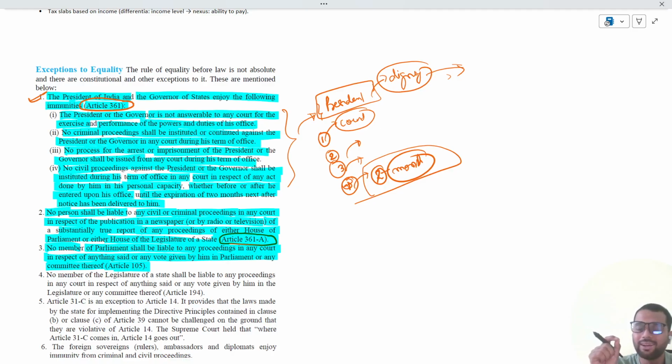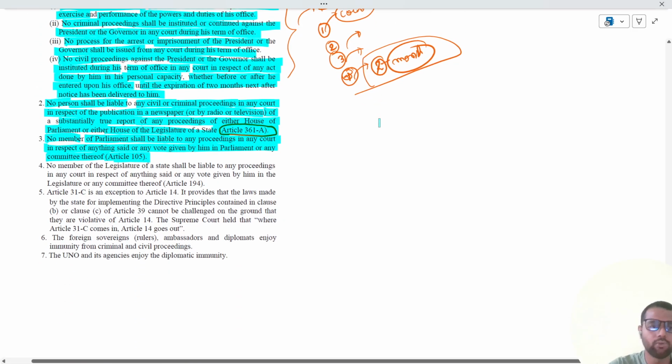Nobody can drag me to any court for what I have said in the parliament or any vote that I have given. That is the immunity given to the member of parliament. That is also an exception to Article 14.